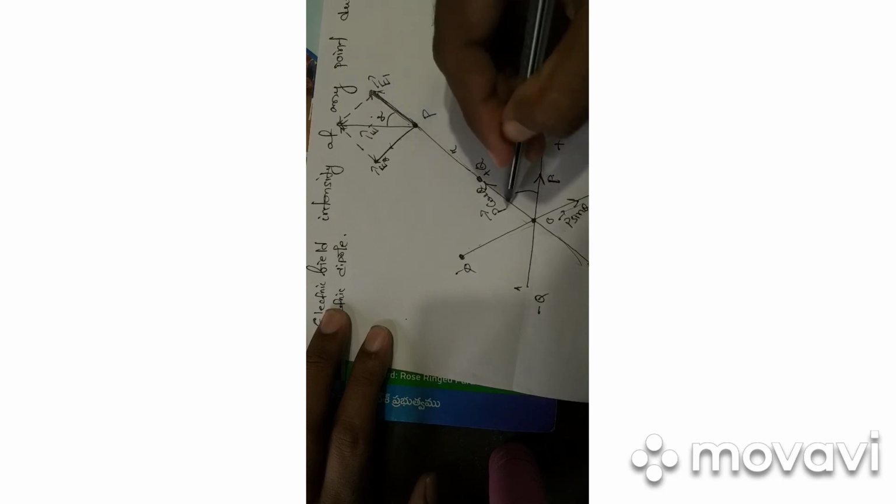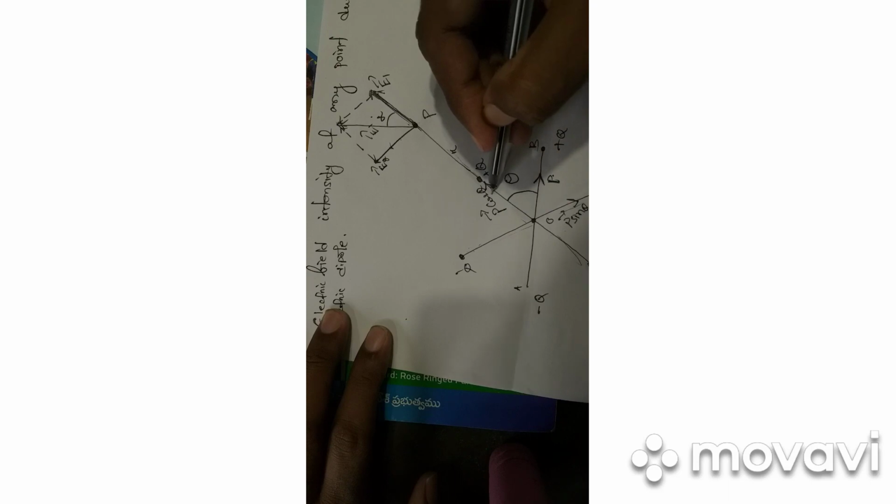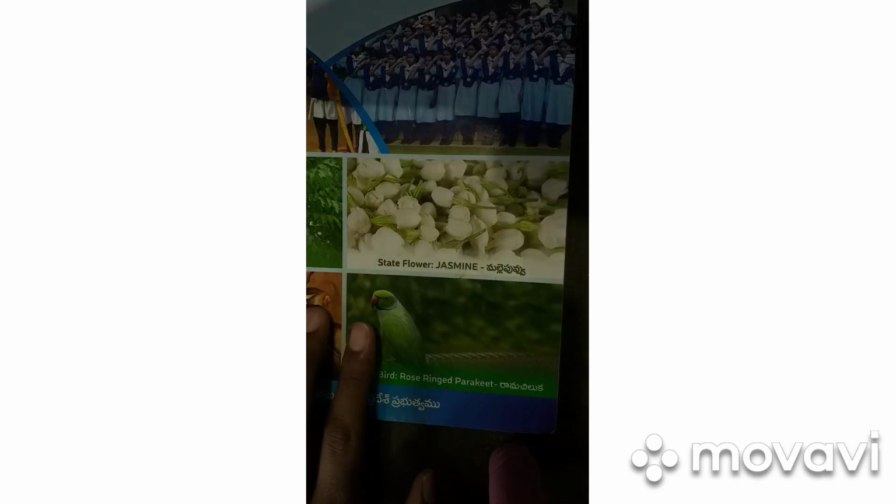So P vector can be represented as P cos theta. We know the electric field intensity is given by 1 by 4 pi epsilon 0 P by r cube. So P can be represented as P cos theta. So 1 by 4 pi epsilon 0 P cos theta by r cube. Equation number 1.